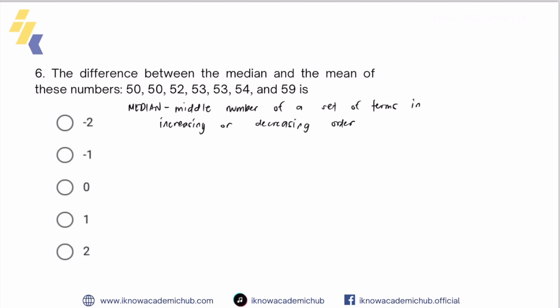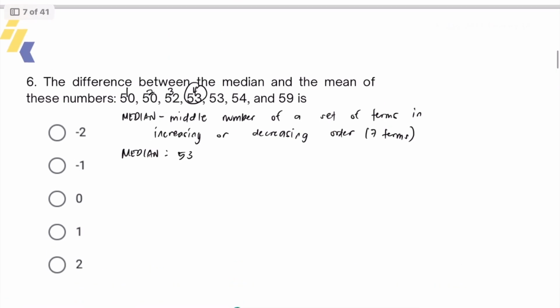Okay, and notice that the given set of numbers is already in increasing order, and we have 7 terms, diba? And what is the middle term? The middle term is the fourth. So we have 1, 2, 3, 4, and the median is 53. Now we solve for the mean.